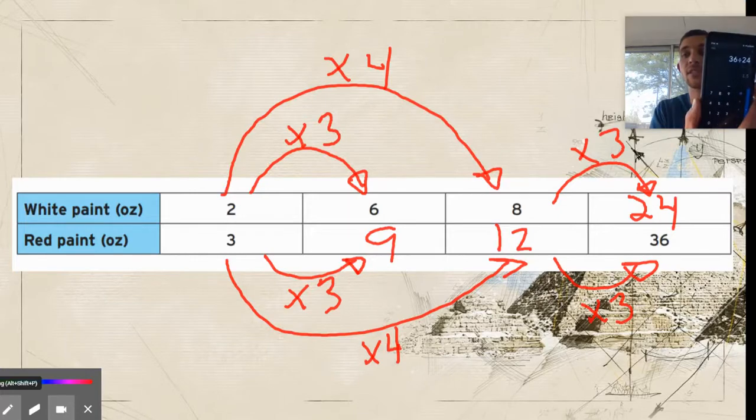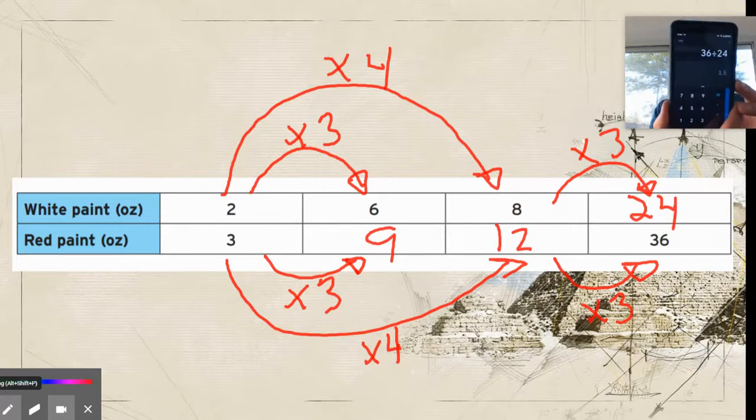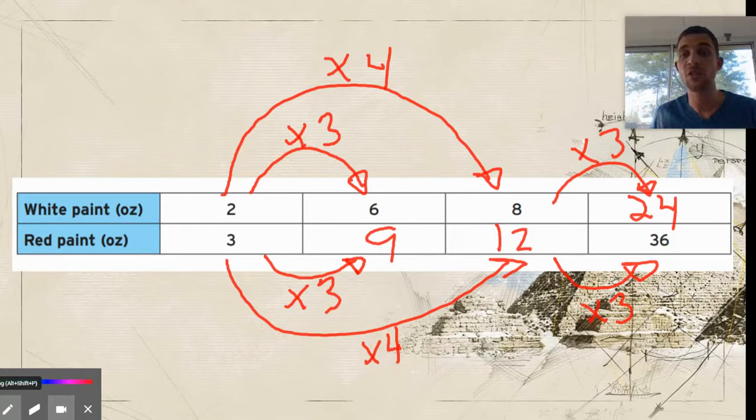And 36 divided by 24 is 1.5. Since we divided and got the same quotient for all of those, we know that we got the correct ratio.